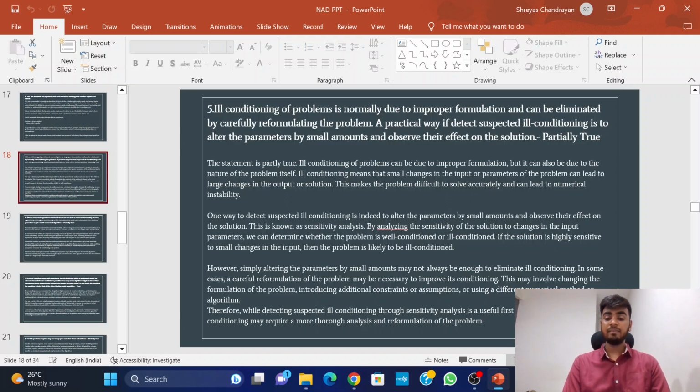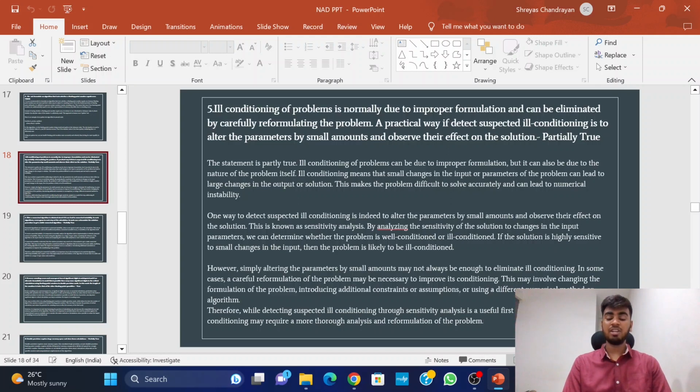By analyzing the sensitivity of the solution to changes in the input parameters, we can determine whether the problem is well conditioned or ill conditioned. If the solution is highly sensitive to small changes in the input, then the problem is likely to be ill conditioned. However, simply altering the parameters by small amount may not always be enough to eliminate ill conditioning in some cases.